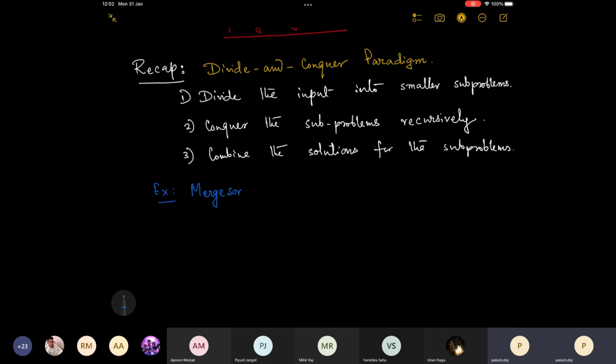Example problems we had seen: merge sort, quick sort. These algorithms are based on this divide and conquer paradigm. Then we had Karatsuba's algorithm for multiplying two n bit numbers.